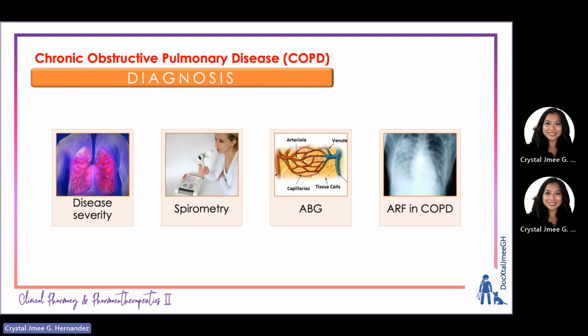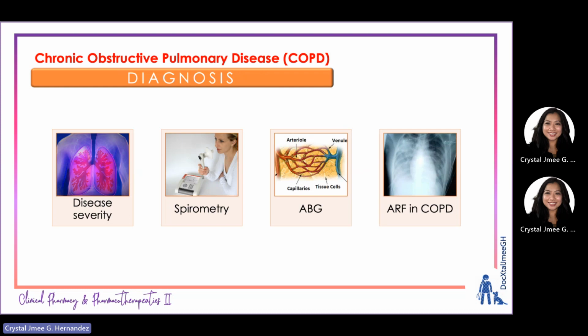But generally, this is based on assessment of airflow limitation. That's why spirometry is used for the diagnosis. The measurement of symptom severity and assessment of exacerbation frequency can be done using the COPD Assessment Test or the CAT, or we can also use the Modified Medical Research Council or the mMRC scale. Later on, I will be showing you these different diagnostic tests.